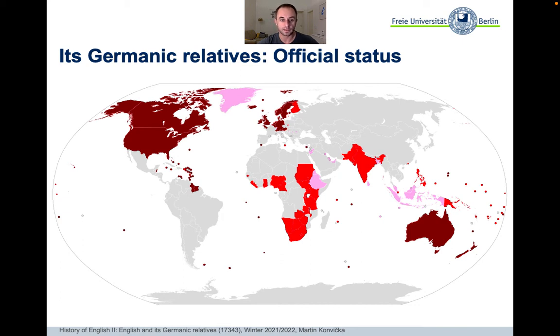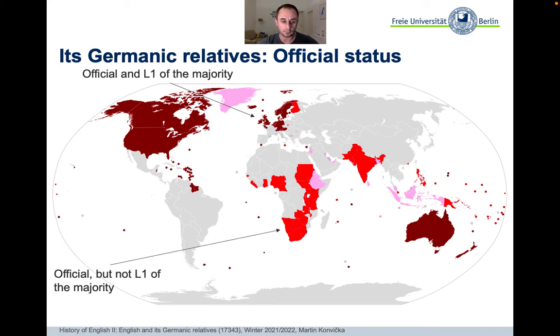You can see this different status signalized by the different color of the countries on the map. So the deepest red refers to a country where a Germanic language is official and is the L1 of the majority of the population. Right? So it's the native language of most of the population, and it has an official status.